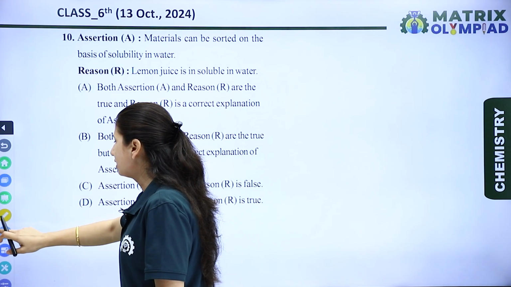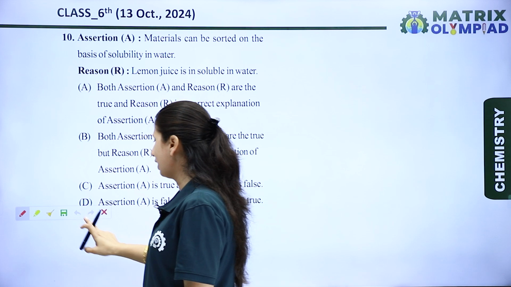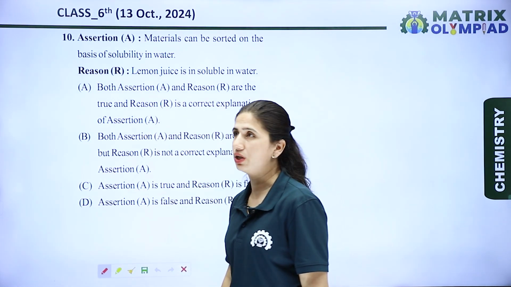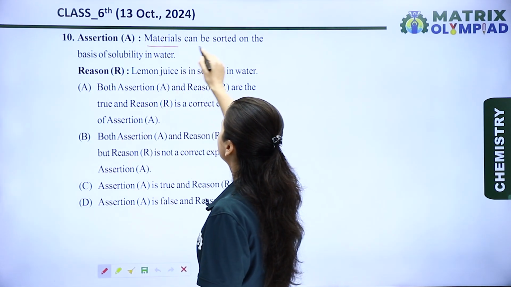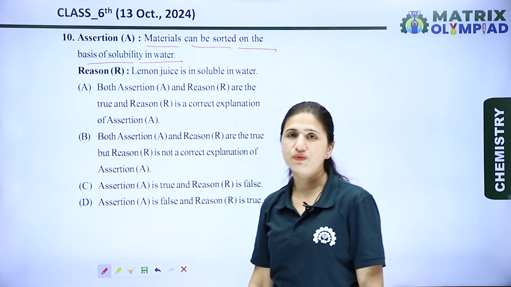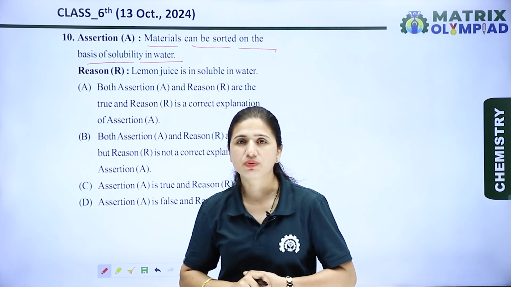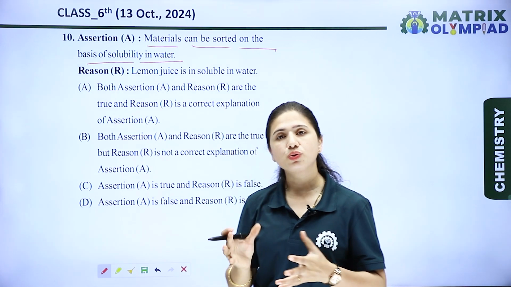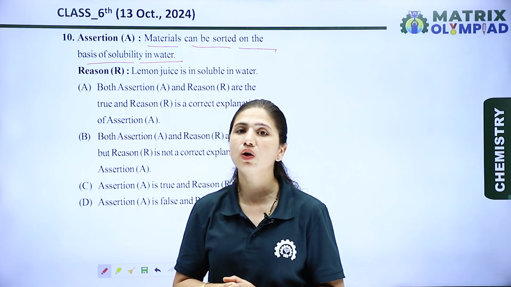Now the next is an assertion-reason type question. Let's see the first statement, the assertion. Assertion: materials can be sorted on the basis of solubility in water. Yes, we know that different types of substances are present, polar and non-polar.